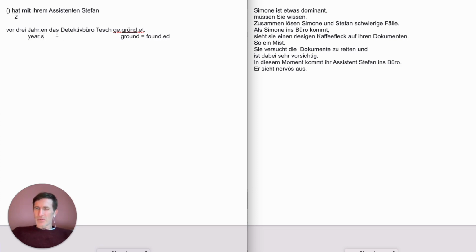Yeah, the numbers we look at later. So she has founded, not this, because she cannot found a person and she cannot found years, but she very likely has founded this, which is the detective, and we have again the word bureau here, so the detective agency. Yeah, and this is the name. As simple as that. So that's all you need to understand.